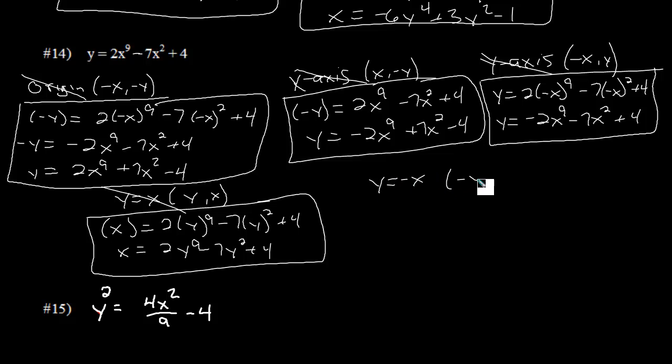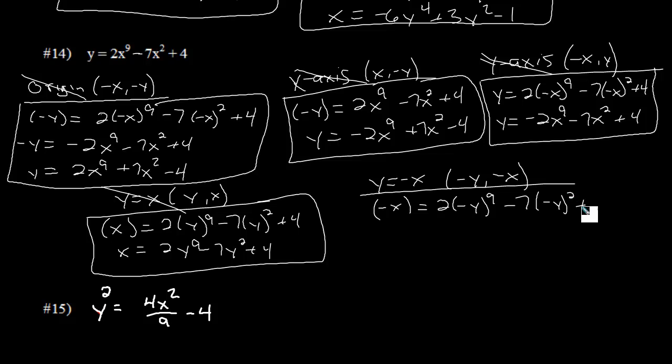y equals negative x, I'm going to put a negative y in for x and a negative x in for y. It's going to have the same result as the previous problem, but I still need to do it. You need to show what it is that you can show.